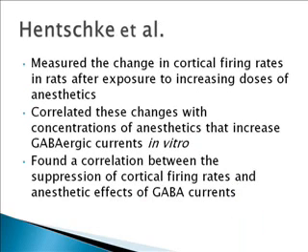Henske and colleagues measured the in vivo change in cortical firing rates in rats after exposure to increasing doses of anesthetics. They then correlated these changes in firing rate with the concentrations of anesthetics that were used to increase GABAergic currents in vitro. They found a correlation between the suppression of cortical firing rates and anesthetic effects on GABA currents, which indicates that the cortex is responsive to the effects of anesthesia.